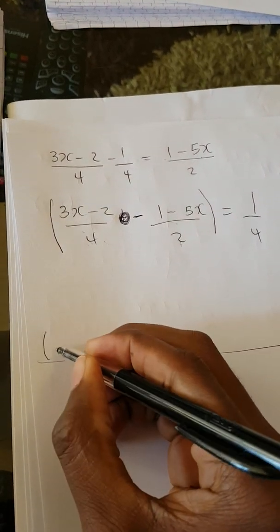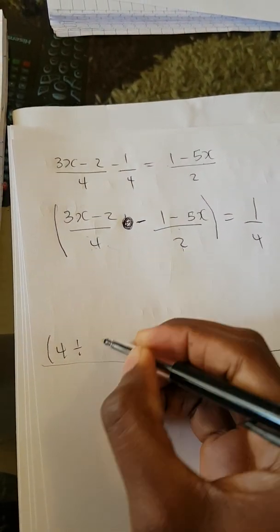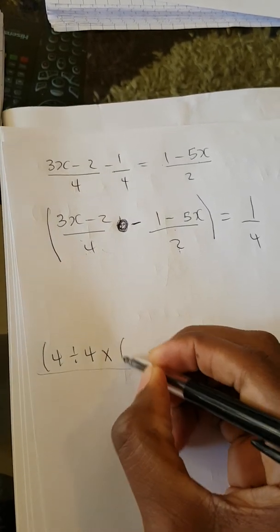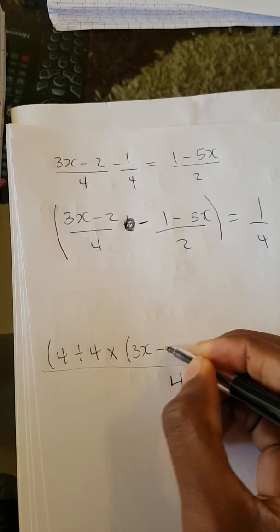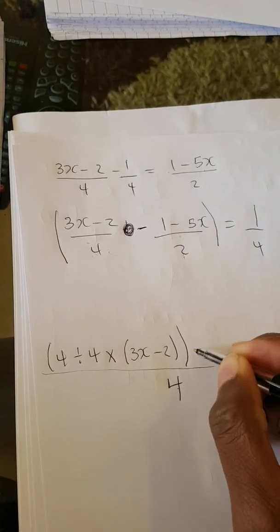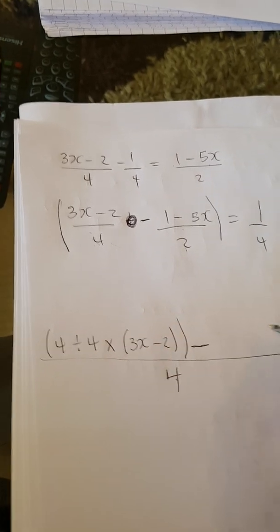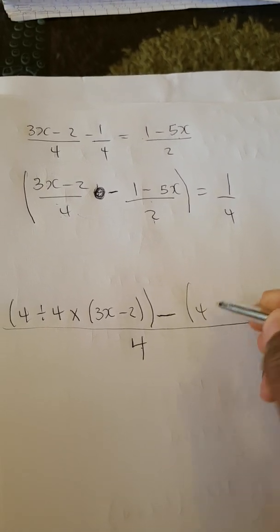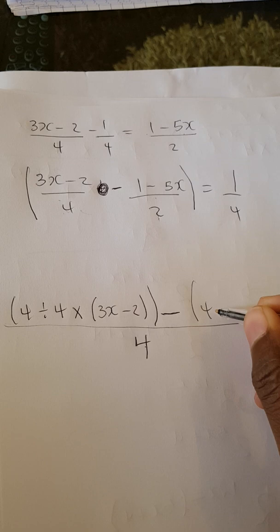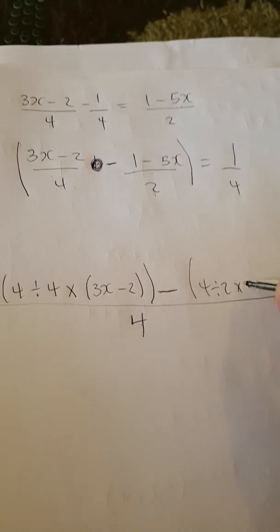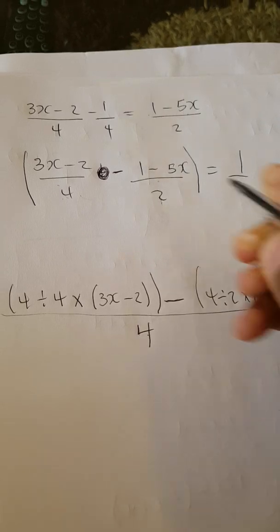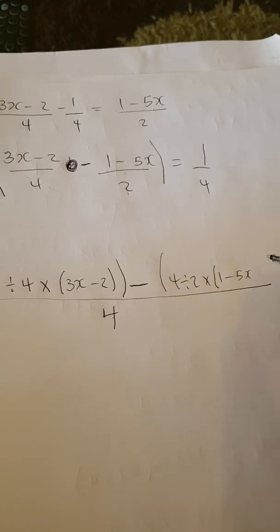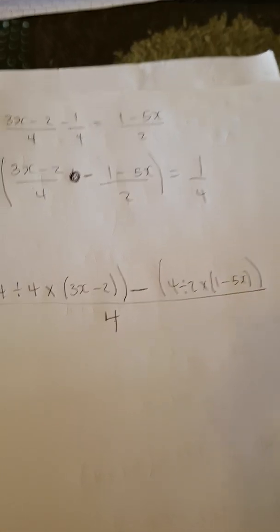So we'll open the bracket and say 4 divide the denominator 4 multiply 3x minus 2, close bracket, and say minus. And then this 4 again, I'll open the bracket, must divide the denominator 2, so it must divide 2 and multiply, you open a small bracket inside and multiply 1 minus 5x, and close the bracket and close the bracket.